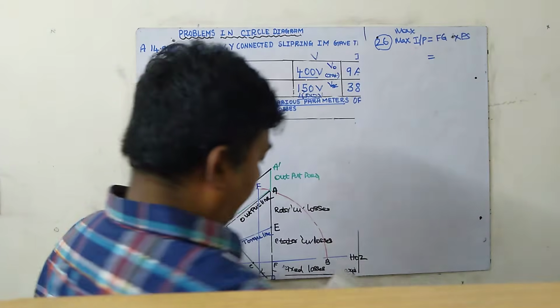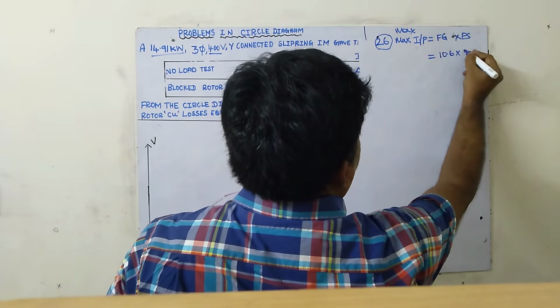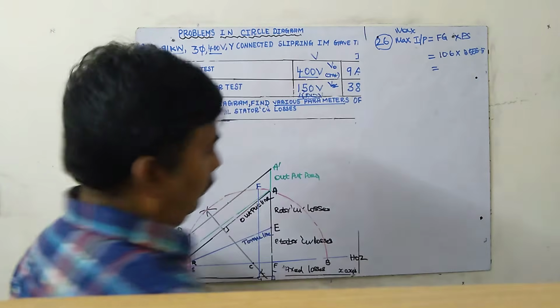What I am getting here is an FG value of 10.6, into the power scale, 3.555. What value am I getting?